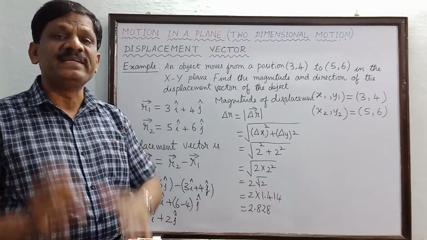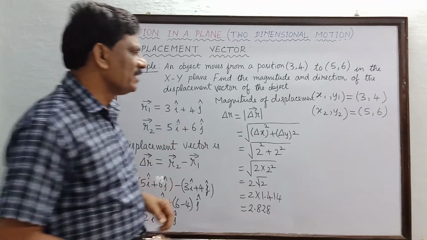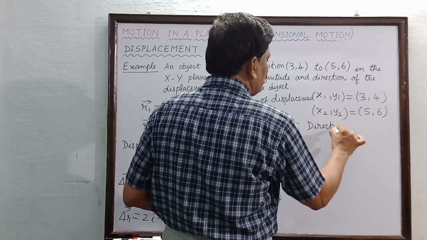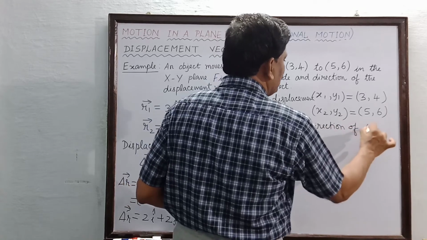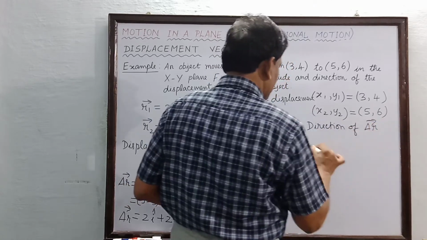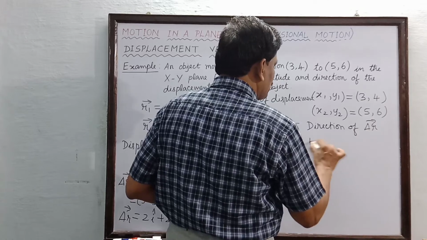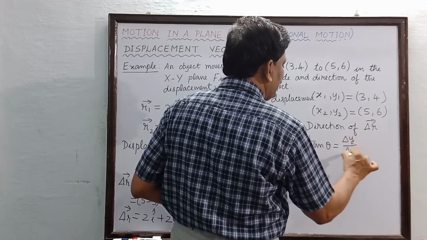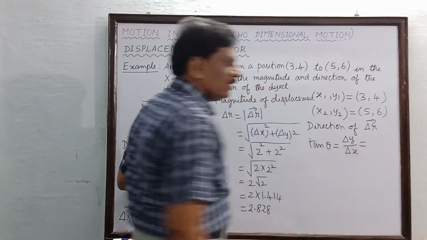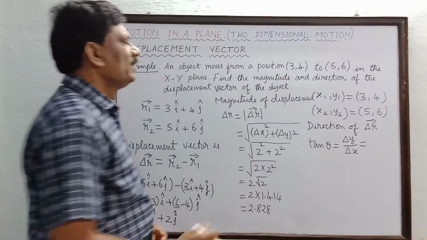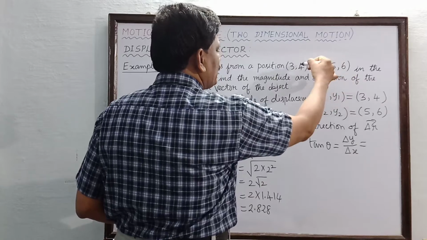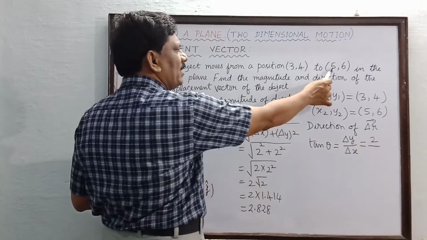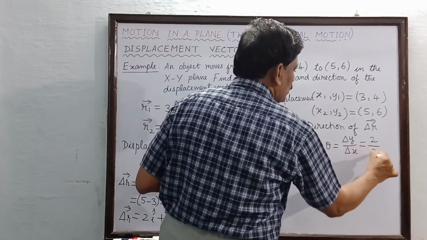Now how to find the direction? The direction is given by tan theta. So the direction of the displacement vector delta r is given by tan theta, which is equal to delta y divided by delta x. Delta y is 6 minus 4, that is equal to 2, divided by delta x, which is 5 minus 3, that is also 2.